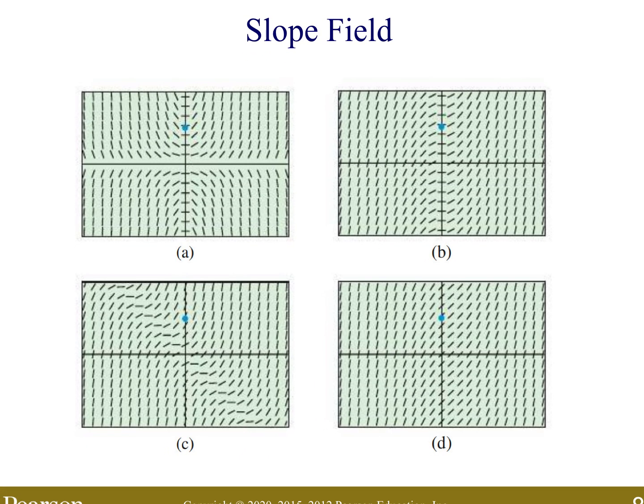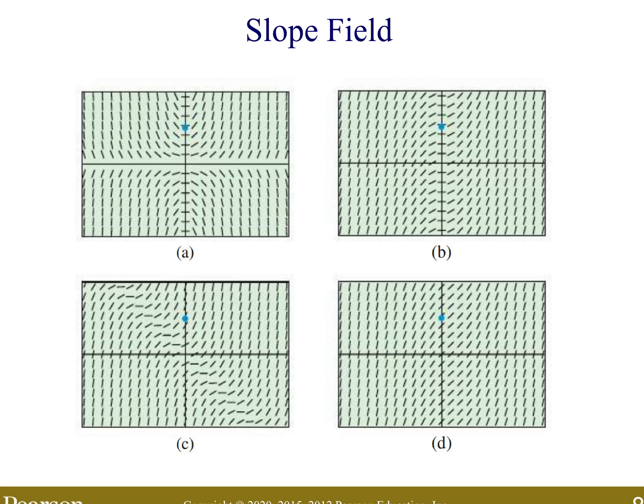I want you to imagine, these are 4 different slope fields. I want you to imagine that you got dropped in on your slope field on the dot that was given. Okay, use red or something, and go ahead and try and draw the shape that would be if you were entering the slope field at the point that was given.